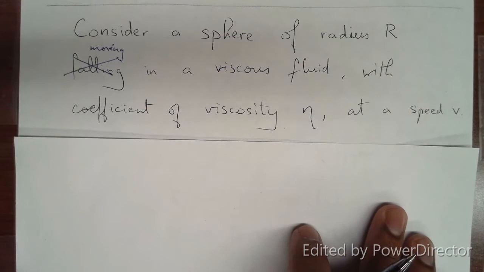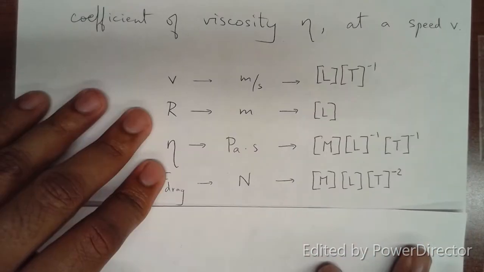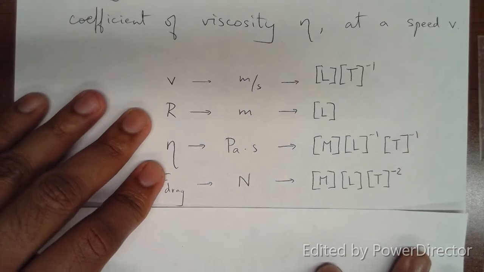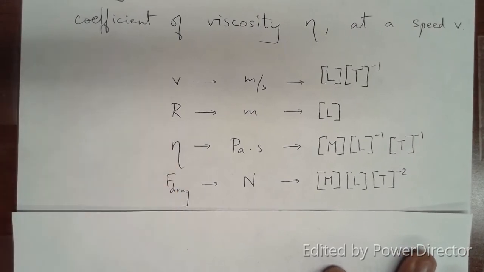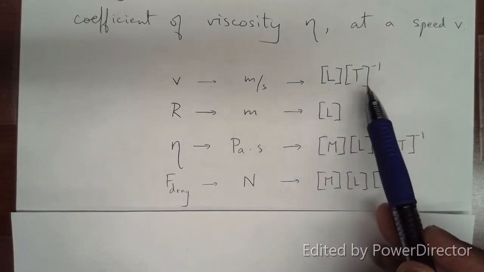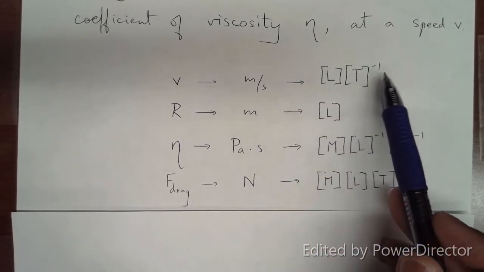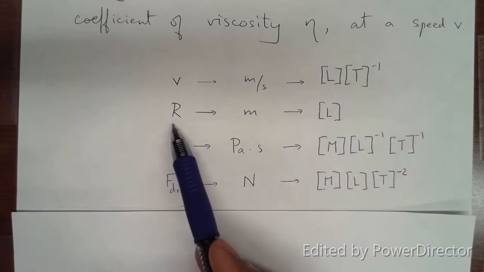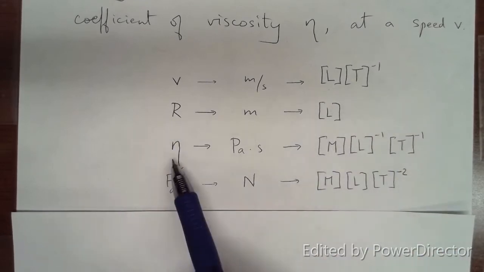And what we're going to do is use dimensional analysis to get a first guess. So in dimensional analysis, as you either know already or have seen in the dimensional analysis video, we start by looking at the relevant quantities and getting their dimensions. So speed is length times time to the -1. Radius is just dimensions of length.